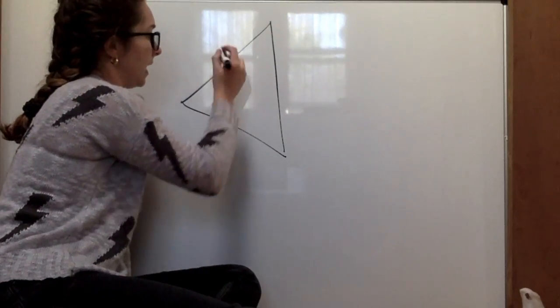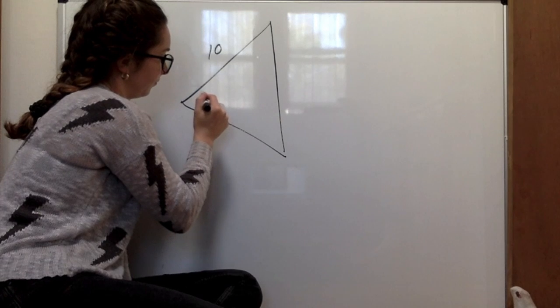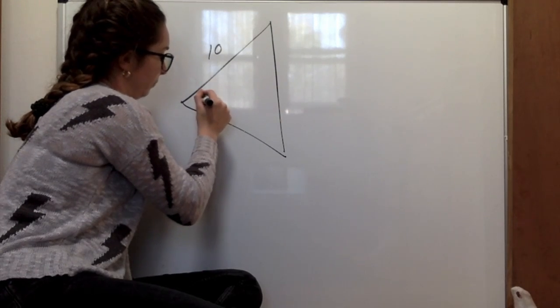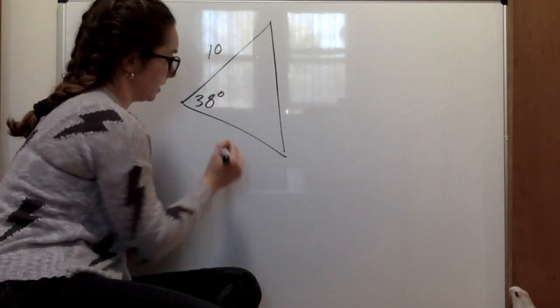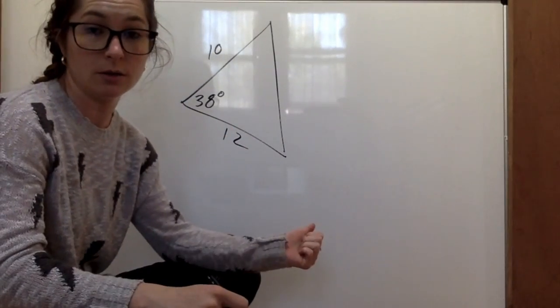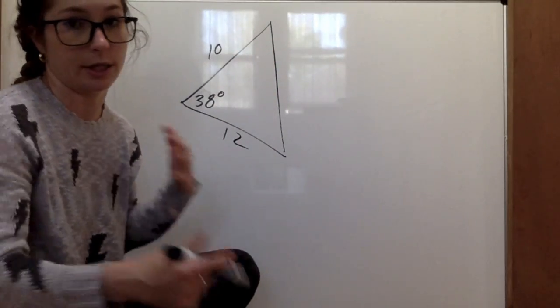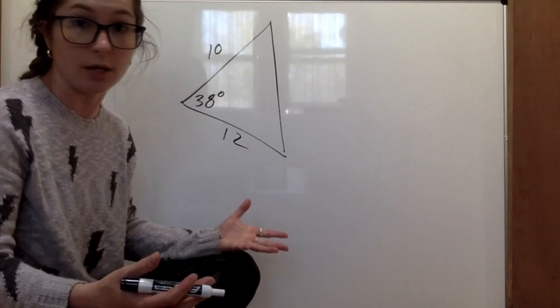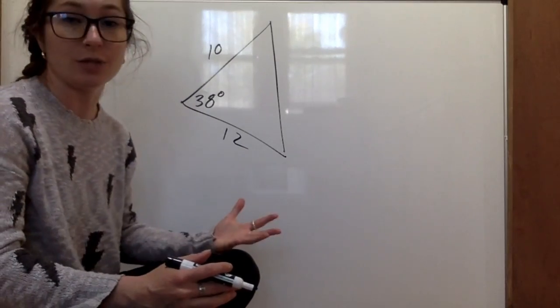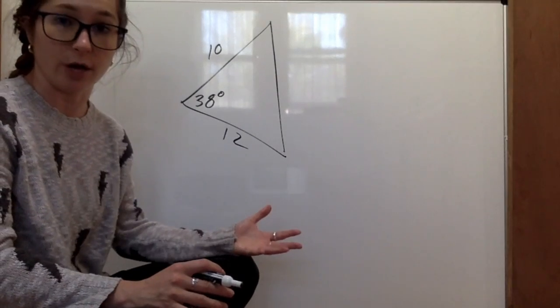So like if we have, let's say, 10, I don't know, 38 degrees and 12. We don't have a pair, and we don't have two angles, so we can't find the third angle to create a pair, right? So we can't use law of sines for this. We also don't know it's a right triangle, so we can't use other right triangle trig.